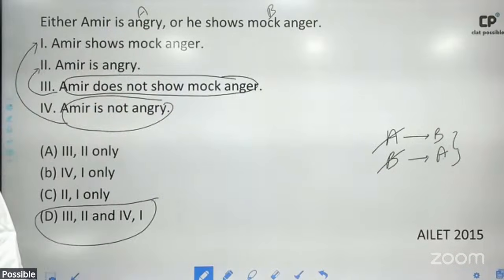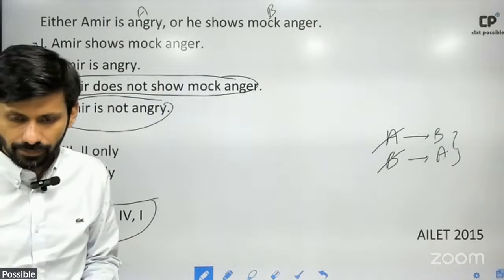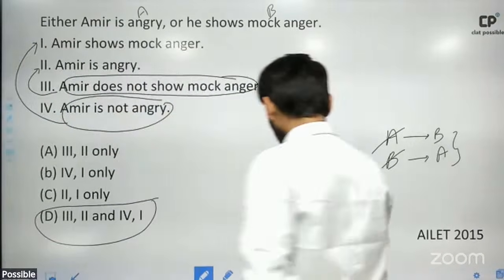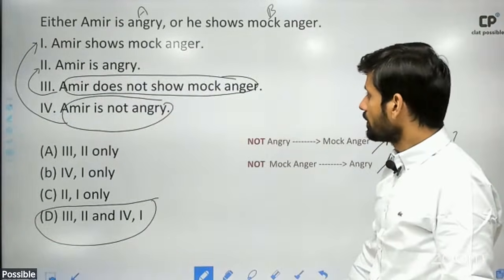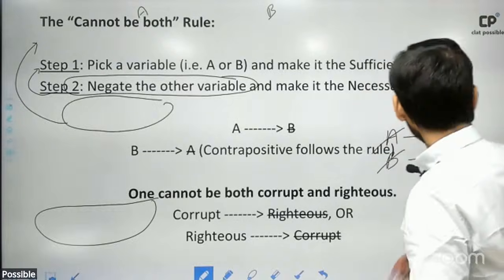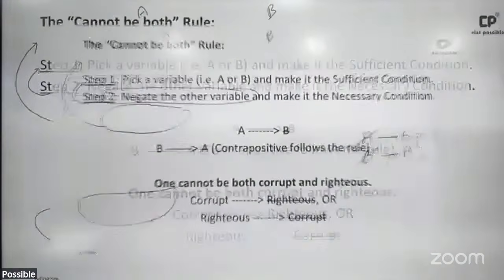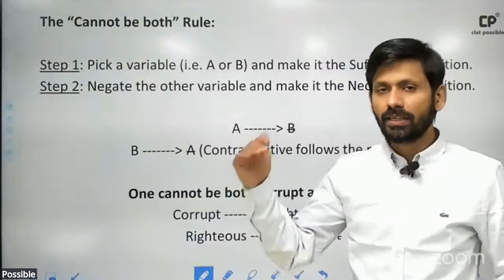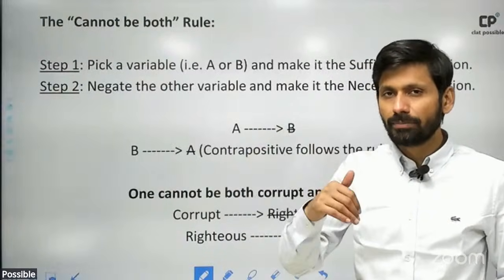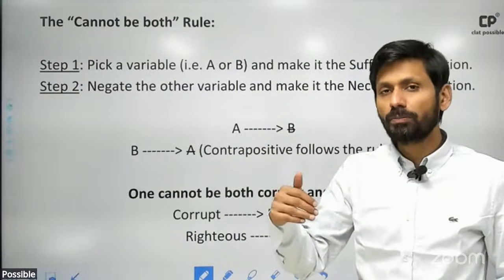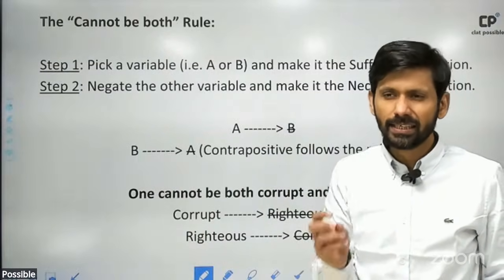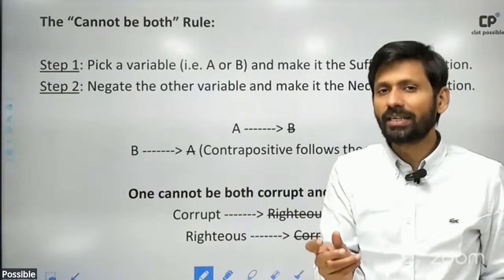Okay, Darshita, you get this? All right. Let's look at cannot be both. In either or, we were negating the sufficient side: not A then B, not B then A. In cannot be both, we negate the necessary side. We are saying that both cannot be true at the same time.